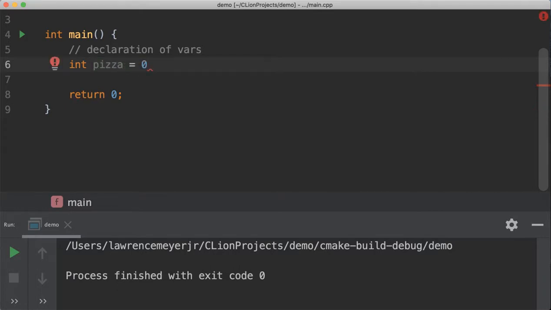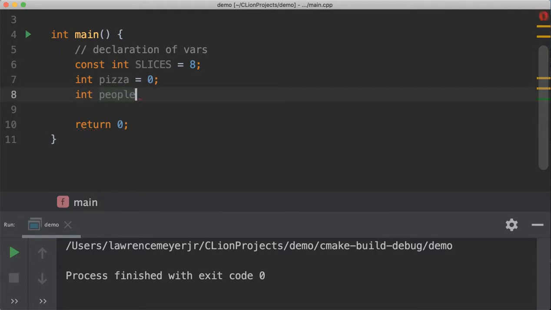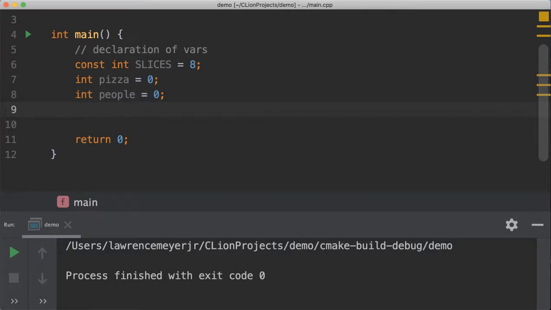However, let's say, for example, we've got something like this. We have pizzas, because everybody loves pizza. We also have a constant. So this is the number of slices per pizza, which makes reasonable sense. We have people. So we're going to try to figure out how many slices each person needs, and then figure out how many pizzas we're going to get.